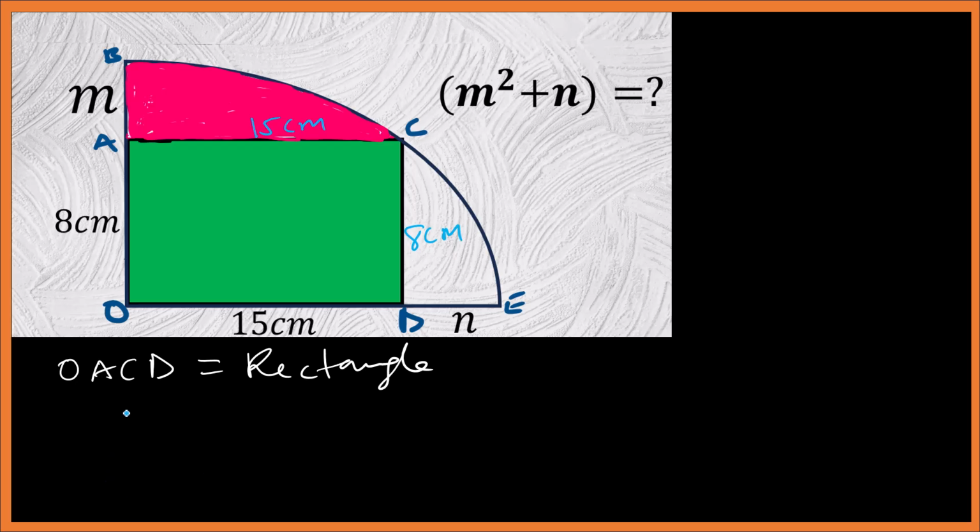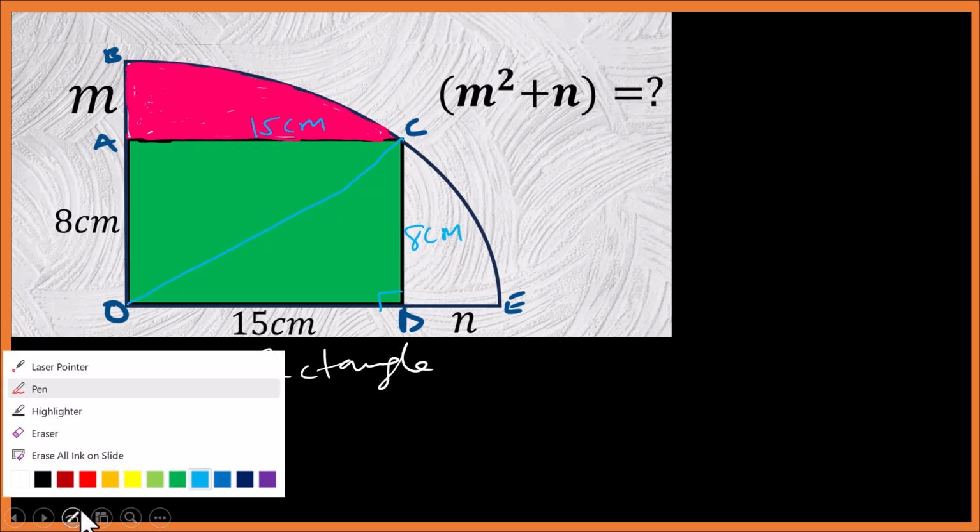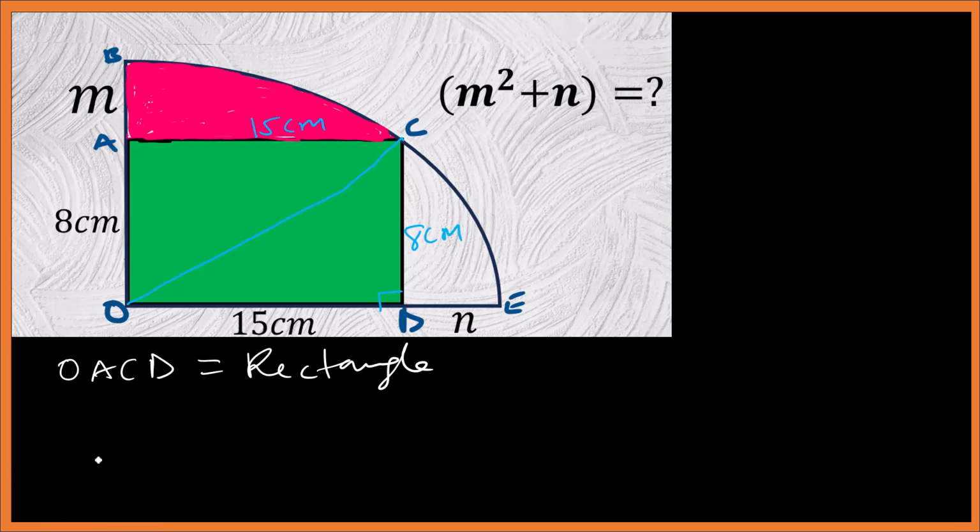Now, once we know this side and this side, we can find OC. So we can apply the Pythagoras theorem. Don't forget that OC is the same as OE and the same as OB.